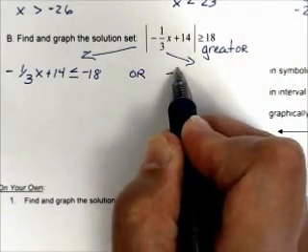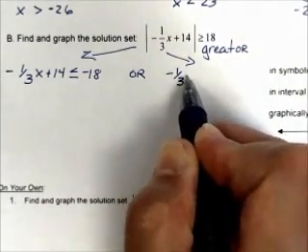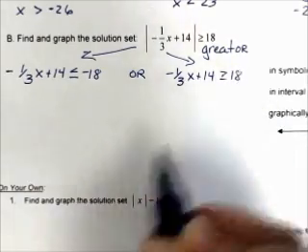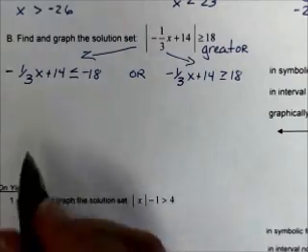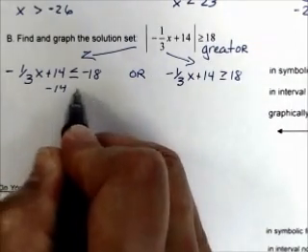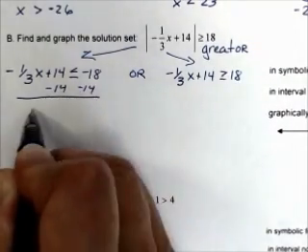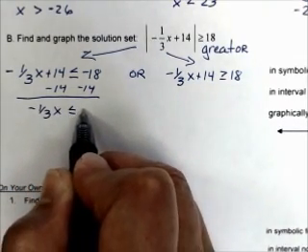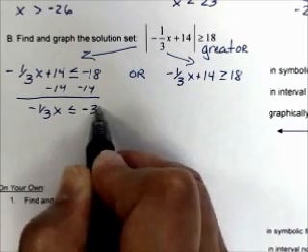And for our right arrow, drop the bars and copy. And now solve each inequality individually. So subtract 14. Negative 1/3 x is less than or equal to negative 32.